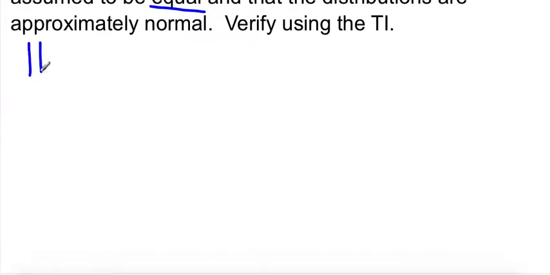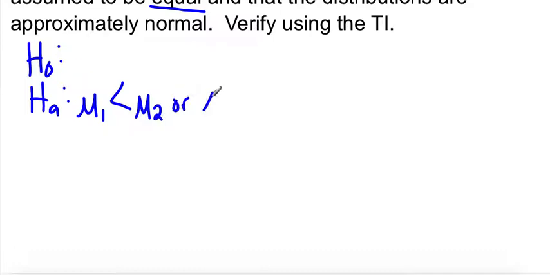So, our null and alternative hypothesis. We want to say the people who did the workshop took less time on average than people who did not, or mu1 minus mu2 is less than 0. So then the null is the opposite of that.